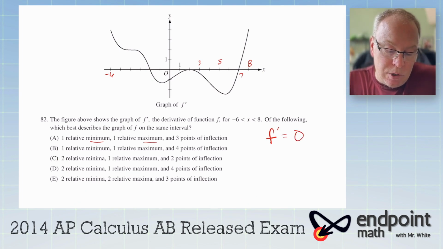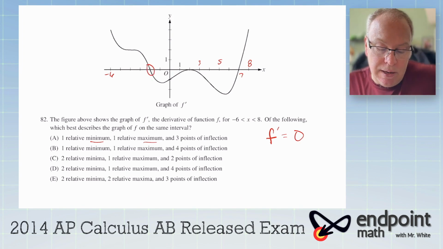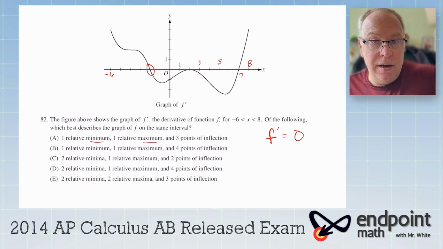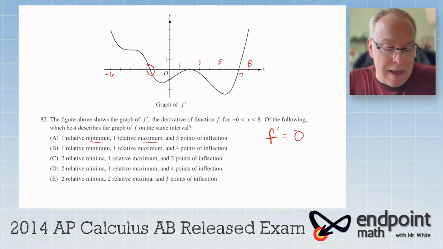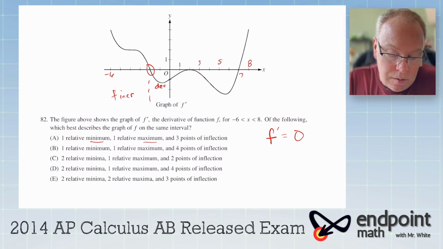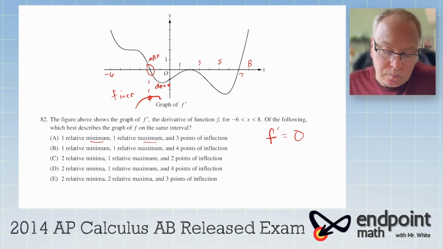So we have some opportunities where, just maybe, we have a max or min. Now, does that change sign there? Yes, it sure does. So f is increasing up to here because that graph is above the x-axis, right? And then f is decreasing here. Well, what do you know? That would be a max right there.